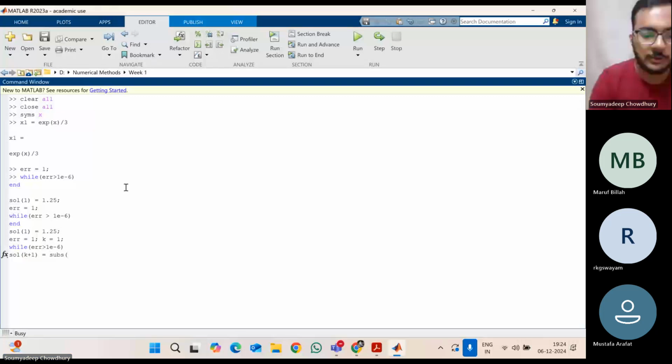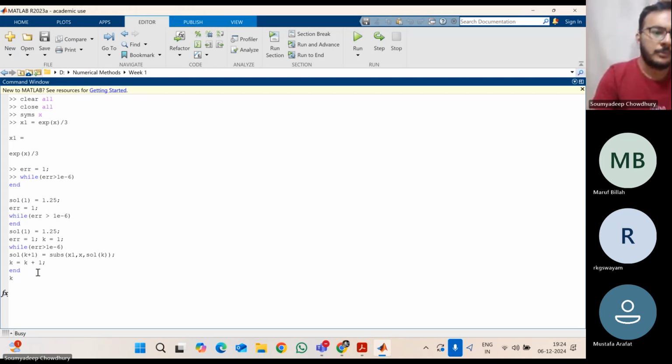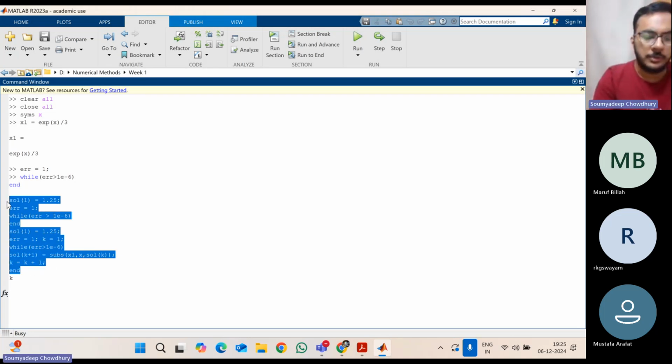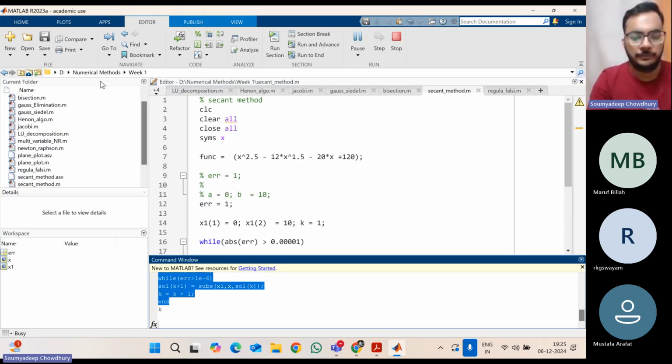the substitution of the function, that is x1 I have taken, comma, sol of k. That is, in place of x we will substitute this. Then k equals k plus 1. I'll just copy this and write it in a script file.